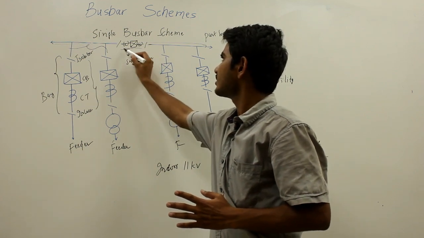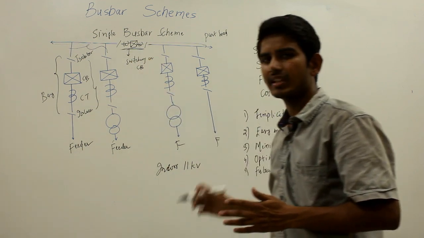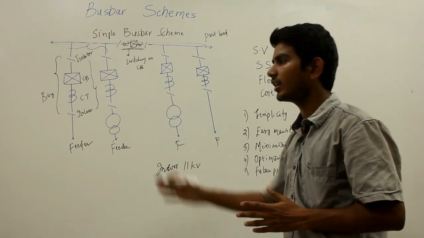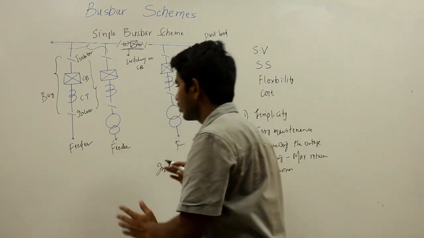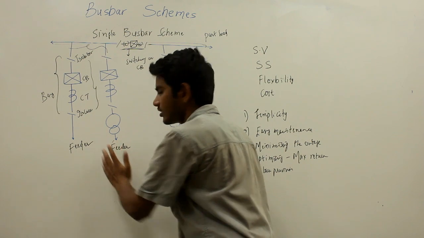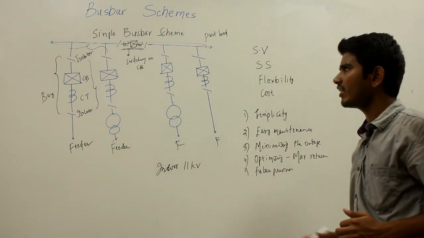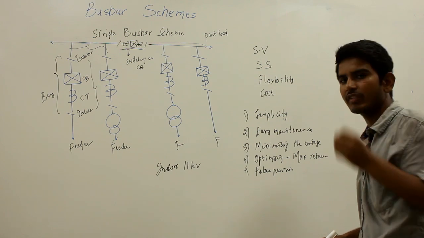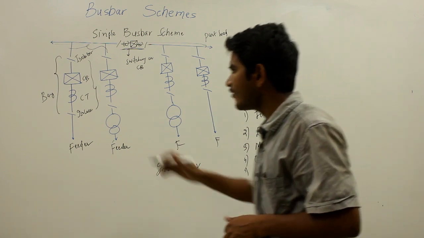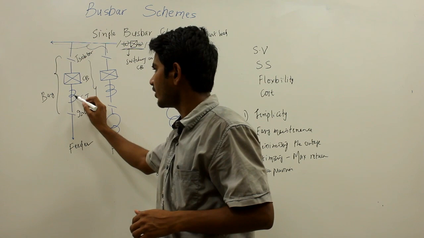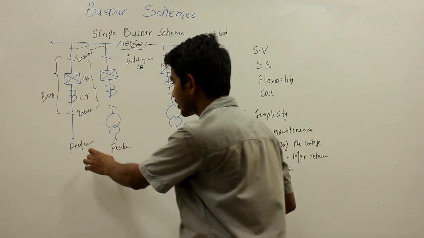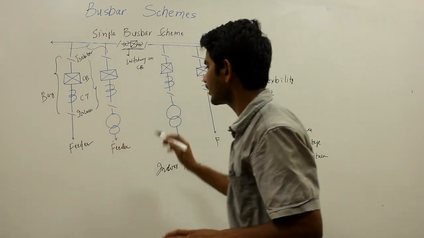So sectionalizing means dividing the single busbar into two groups, or you can say two sections. So the advantage is this. Now the disadvantage of this busbar scheme with bus sectionalizer is again the maintenance of equipment of any bay cannot be possible without the interruption of the feeder and the transformers connected to that bay.